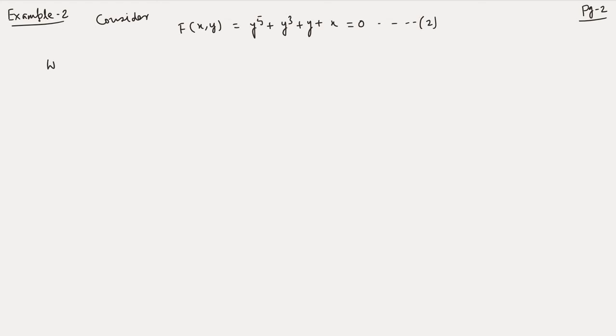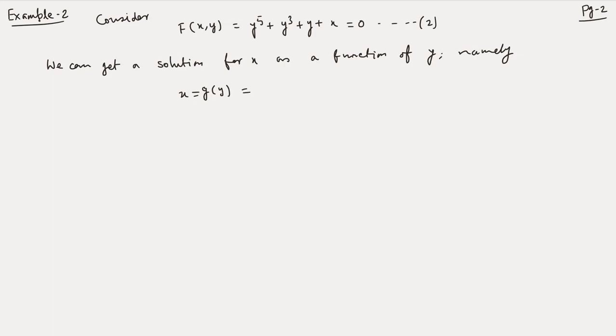So we can get a solution for x as a function of y, namely, let us denote the function by g of y, which is equal to x, which is equal to minus y power 5 plus y cube plus y, such that f of g of y comma y is equal to 0.